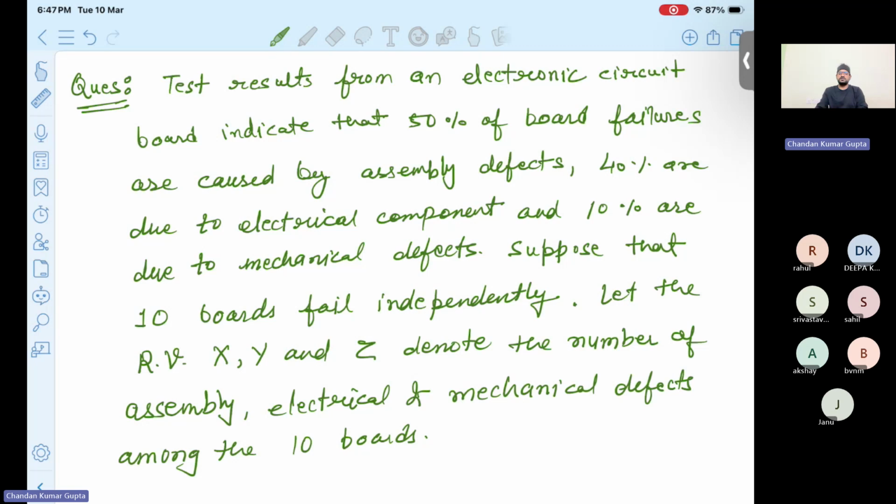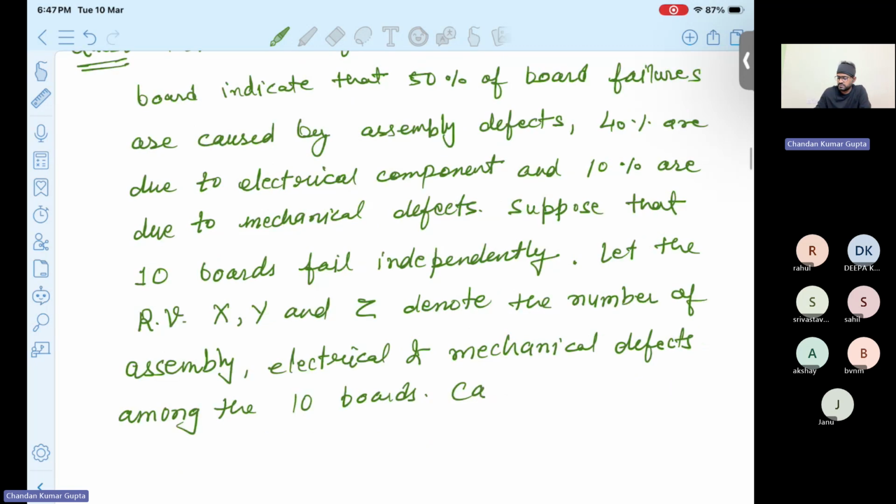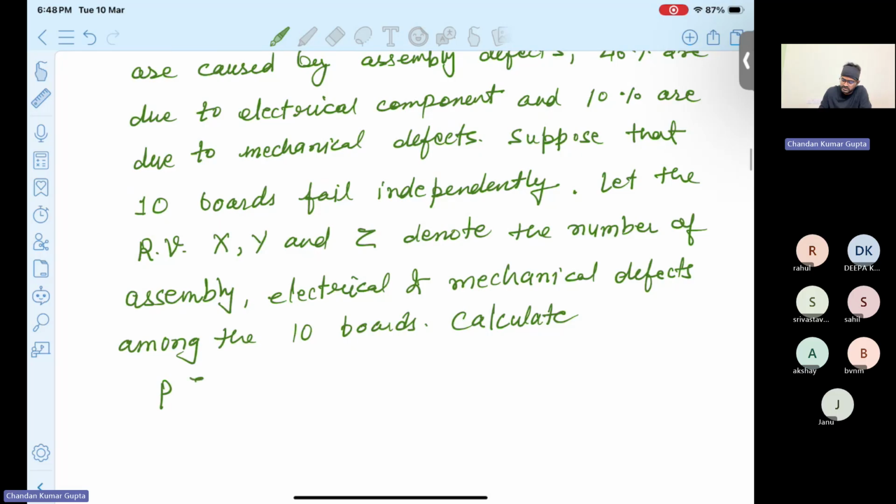We need to find or calculate the probability x equal to 5, y equal to 3, and z equal to 2. We need to find this.